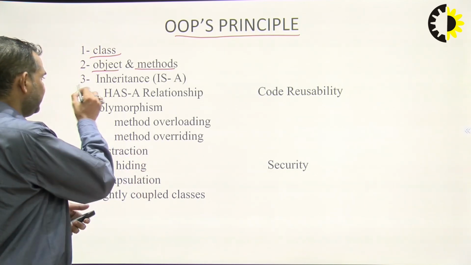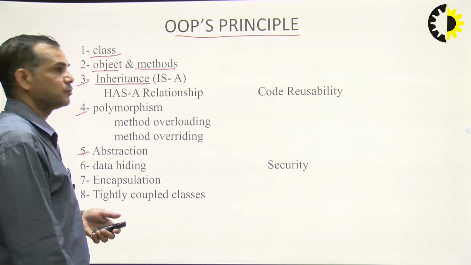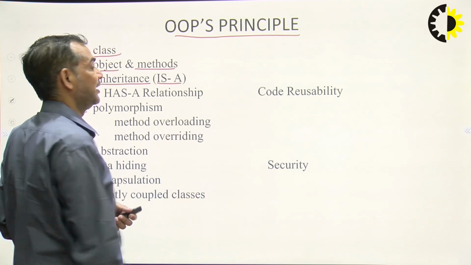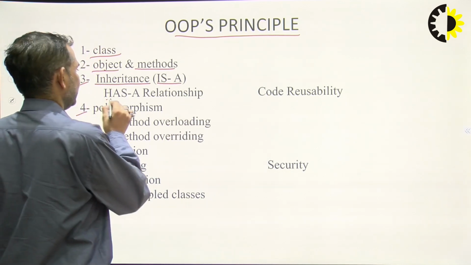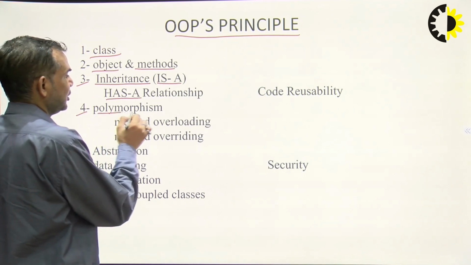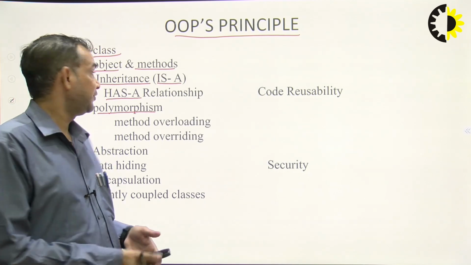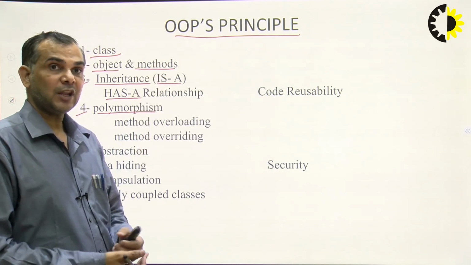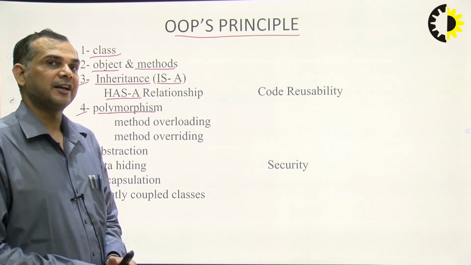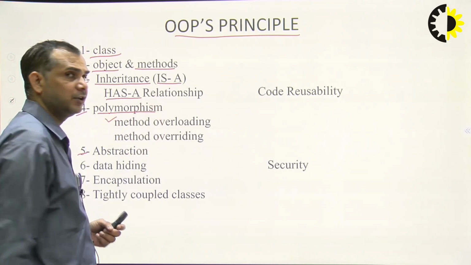Next is inheritance, and when we use inheritance, there are two types: one is the IS-A relationship, and the second is the HAS-A relationship. Next is polymorphism, which means that when we execute the program and declare a method, it will be checked either at compile time or at run time.